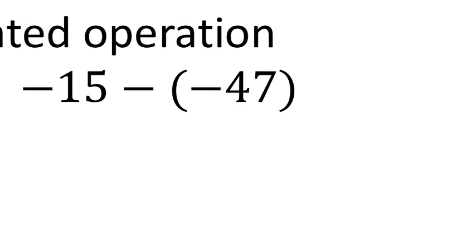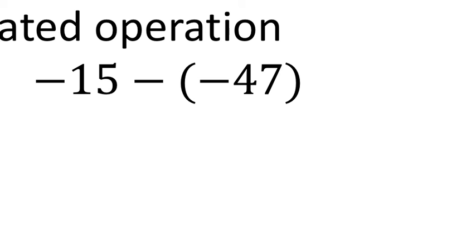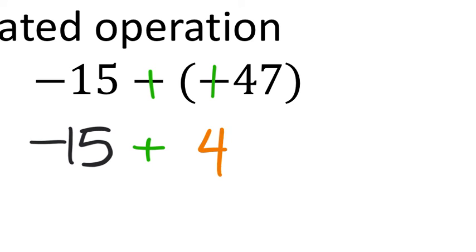What about a problem like this one? Well, keep, change, change is going to change this. So it's -15 keeps its sign. Then we change it like this. Some of you may even benefit from rewriting it as -15 plus +47 like this. It's up to you. But now I can see that these 15 negatives are going to cancel out 15 of the 47 positives.